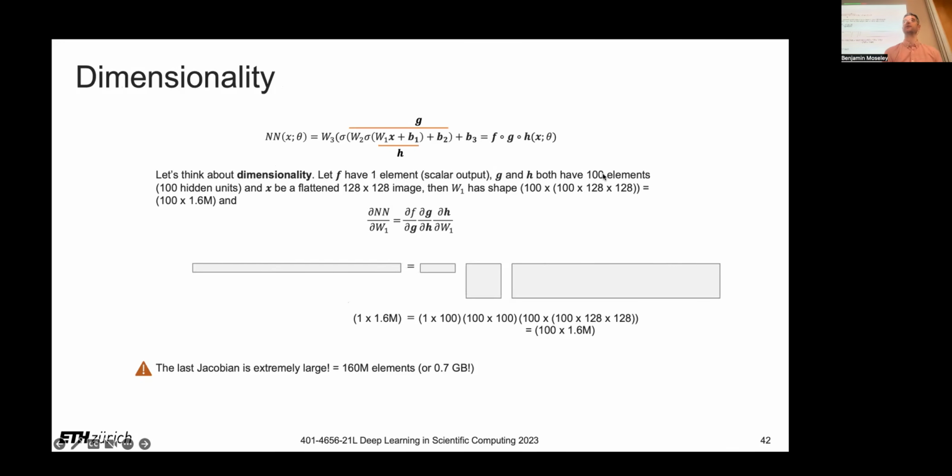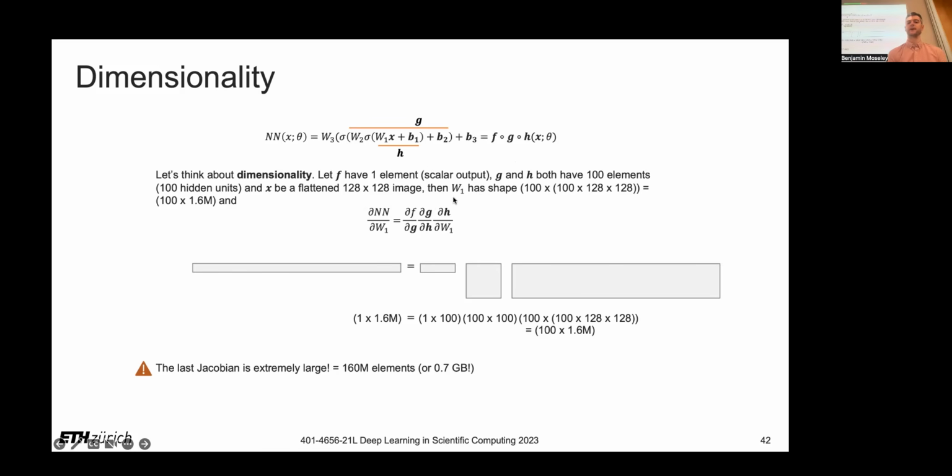Our hidden layers have 100 elements, so 100 hidden units in each layer. And then X, let's say it's that image of the dog from before, a 128 by 128 image. Because we're feeding it into a fully connected network, we're just going to flatten it into a single vector. And so the input layer has 16,000 units.